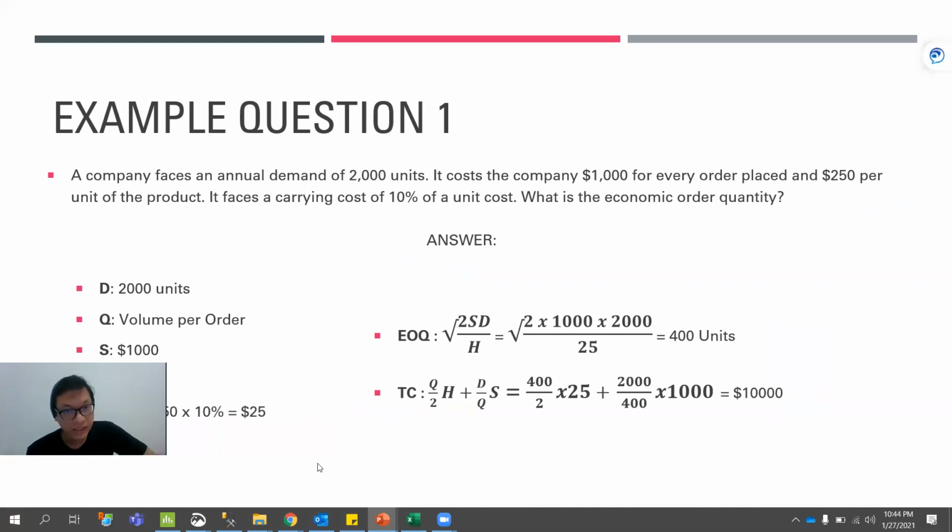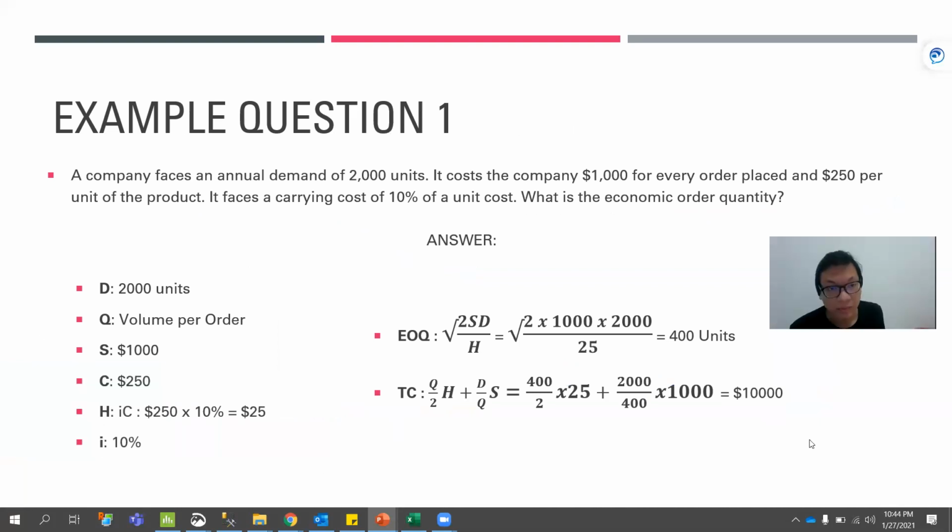This is example question 1. This is a very simple question. A company faces an annual demand of 2,000 units. It costs the company $1,000 for every order placed and $250 per unit of the product. It faces a carrying cost of 10% of the unit cost. What is the EOQ, and what is the total annual cost?